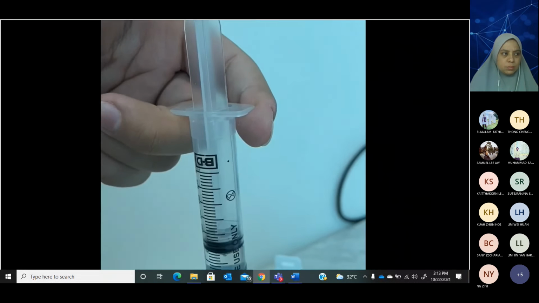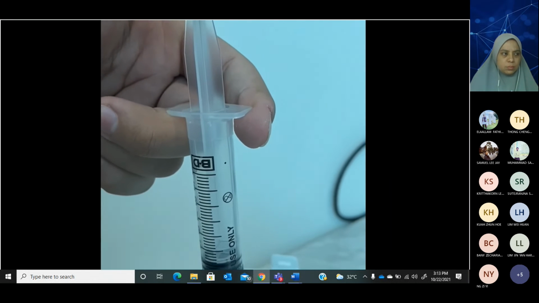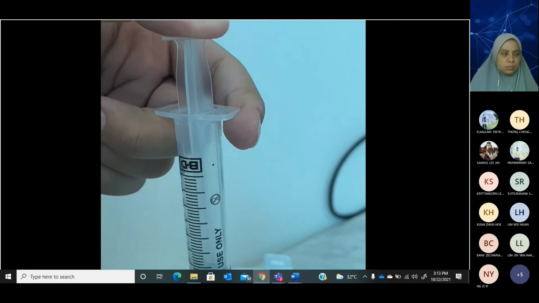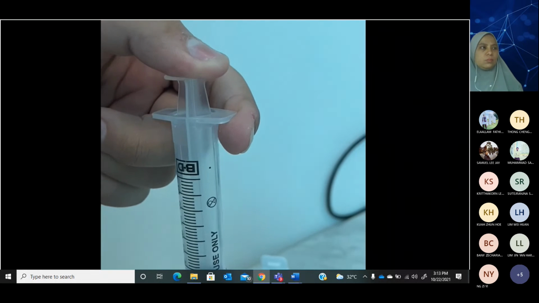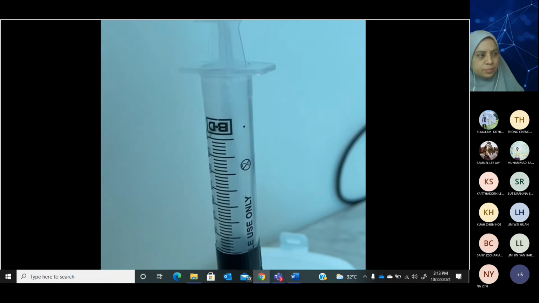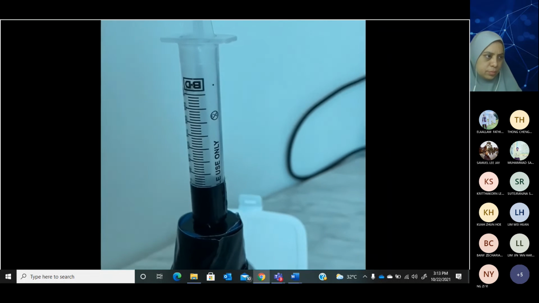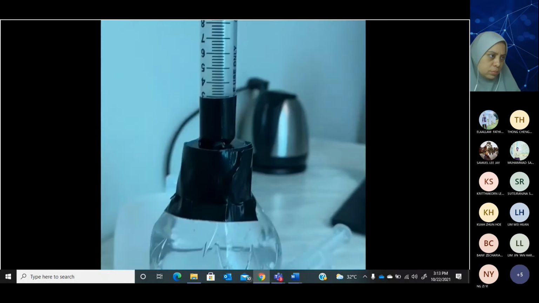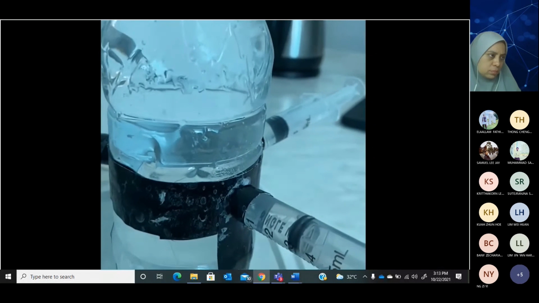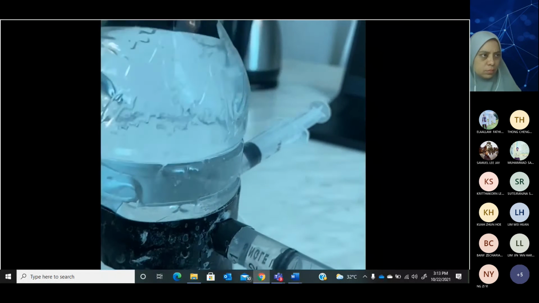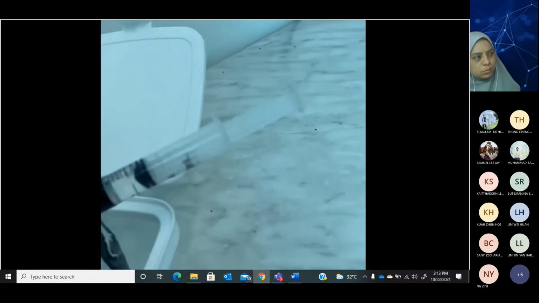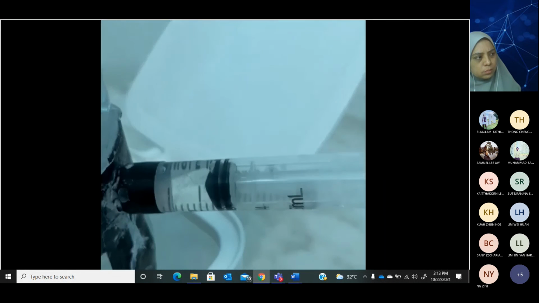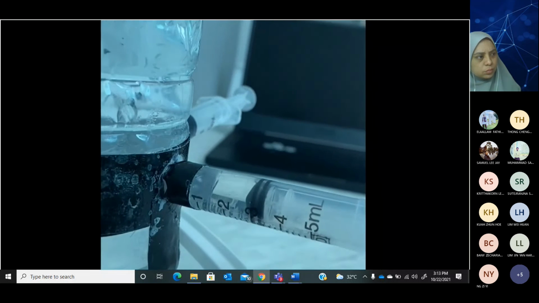So now after I'm pressing down, as you all can see, where did the extra water go? I can tell you. As you can see here, it's 10 milliliter water. So the extra water goes to this small syringe, as both of them become 3 milliliters.